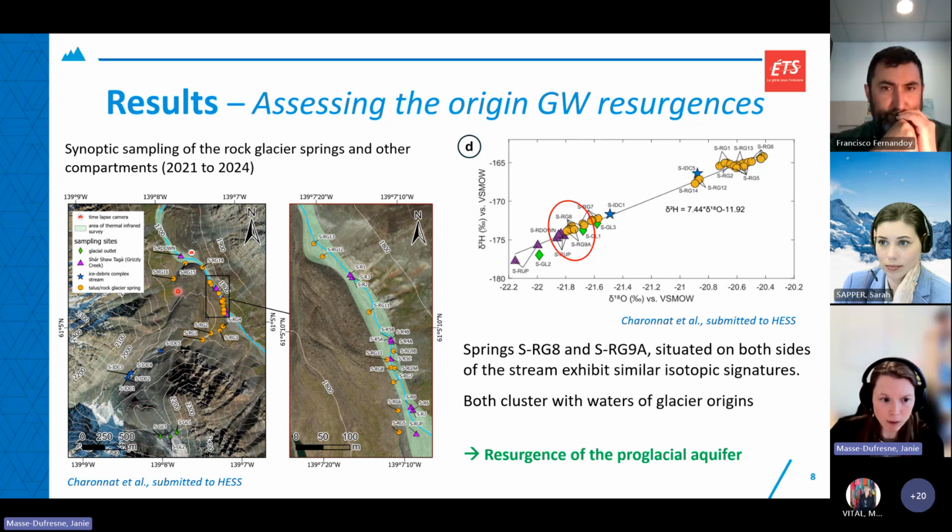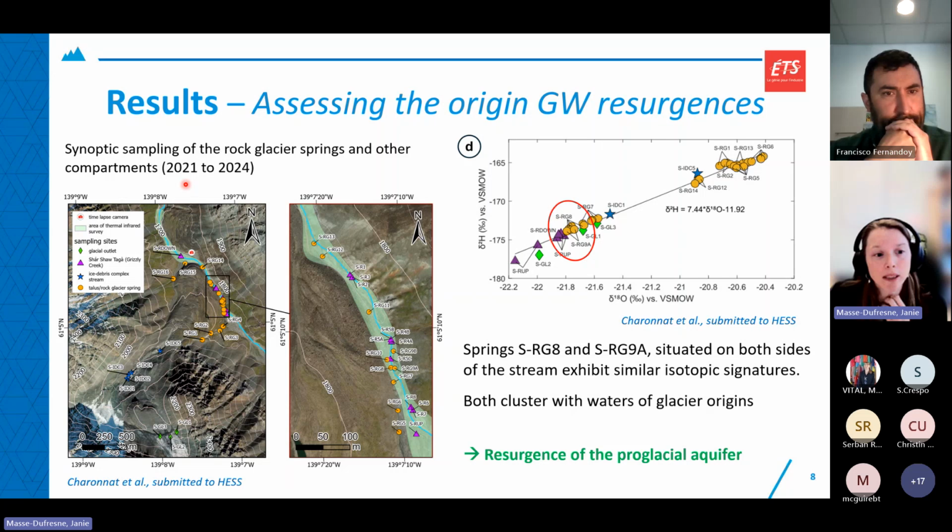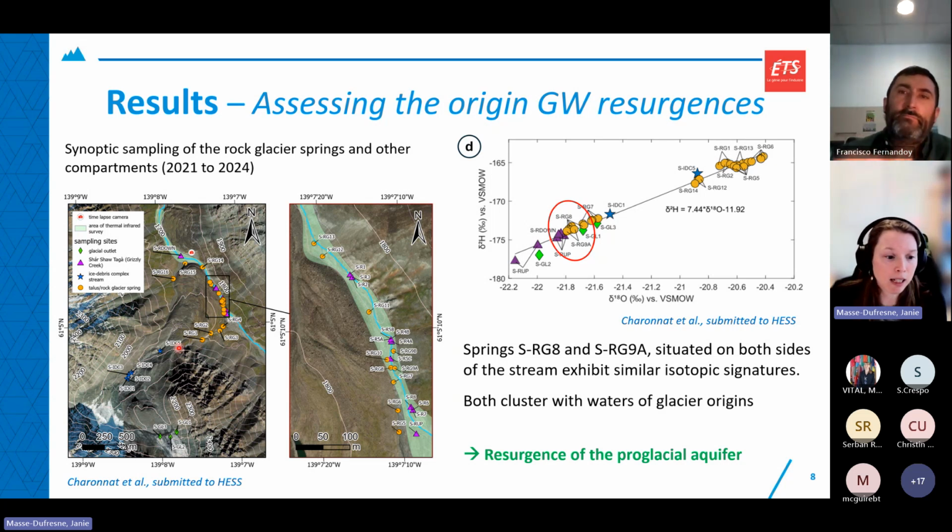So we've sampled them a few times throughout the years from 2021 to 2024, and we've been comparing the isotopic signature and the chemistry of these springs with the water that we can find along Grizzly Creek and other water we can find from the tongue of the glacier in the subcatchment, and some ice debris streams that we can see along the way.